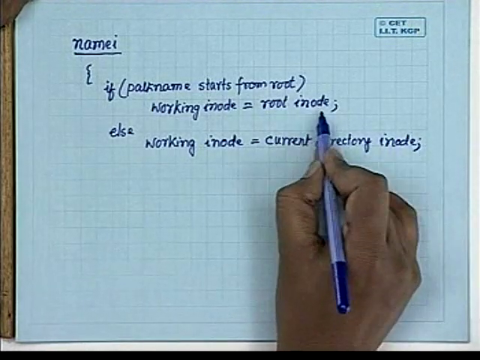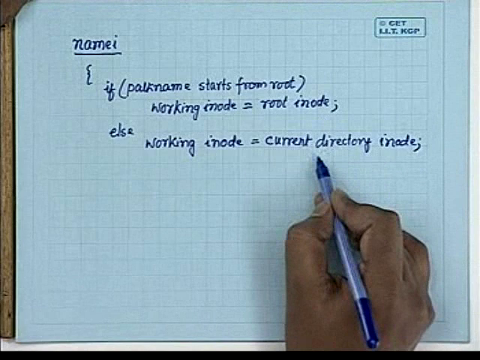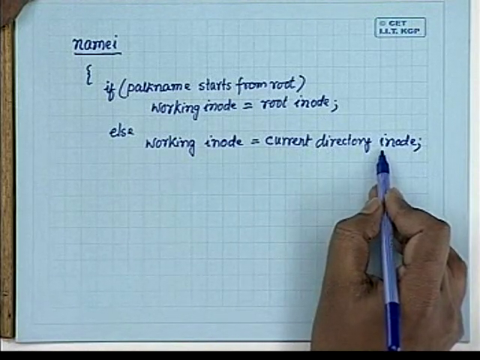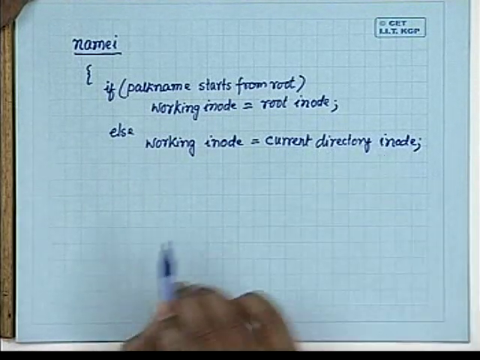As I said, the root inode is stored in a global variable, whereas the current directory inode is stored in the user area. Okay.